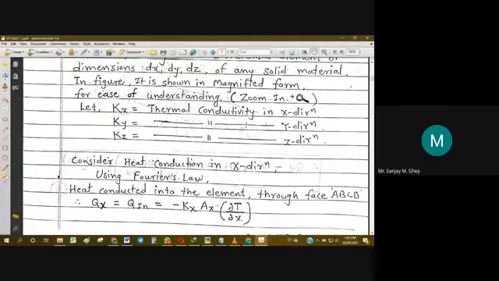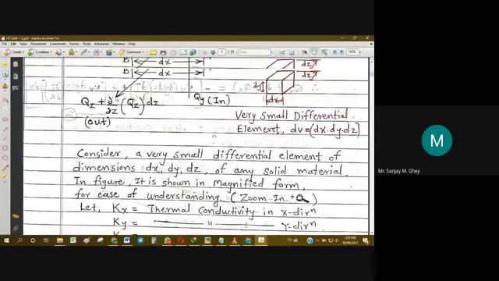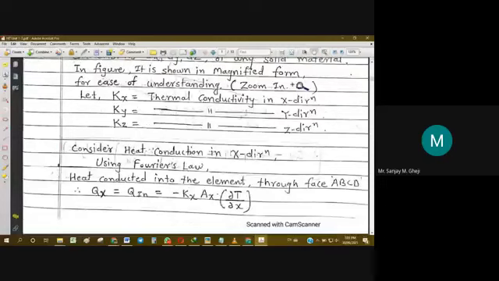So kx is the thermal conductivity in the x direction, ky in the y direction, kz in the z direction. Again, capital T notation will be used for temperature, and capital A will be used for cross sectional area.